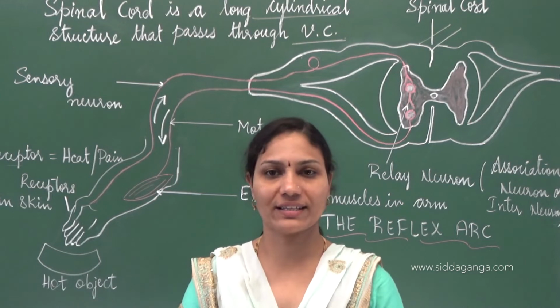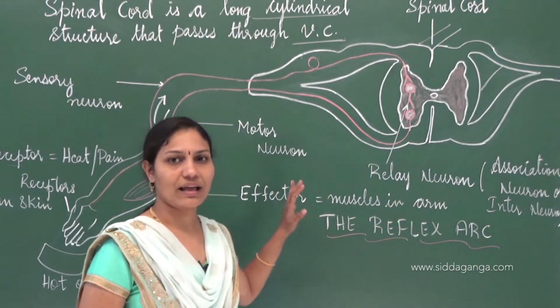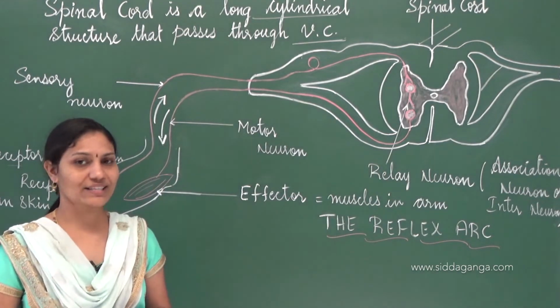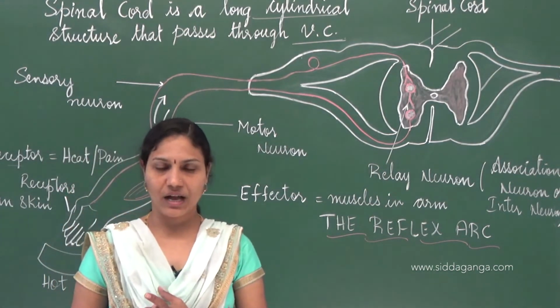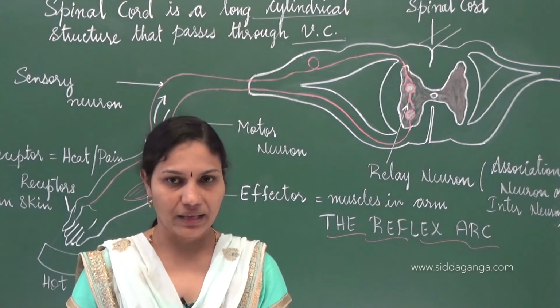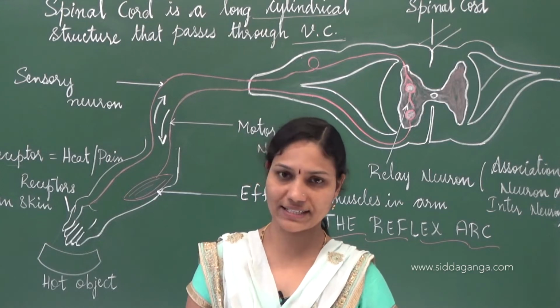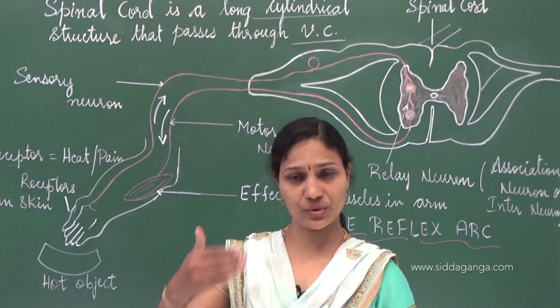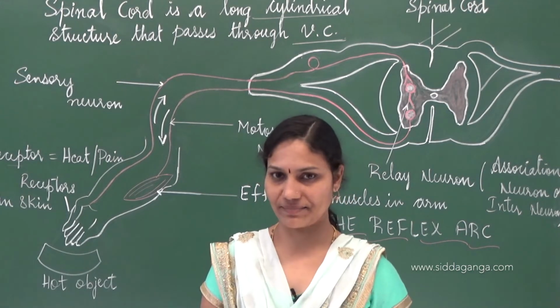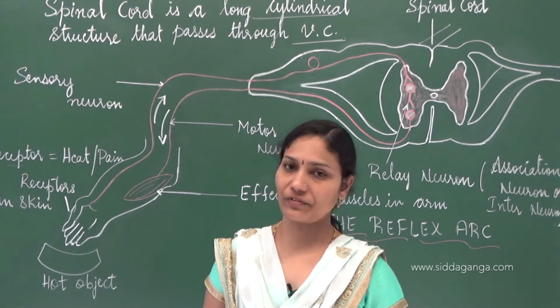So this is what we studied in the last class, and today we have a diagram, and using this diagram let's try to understand how reflex actions are carried out, what is the pathway and what are those components, the 5 major components involved in reflex arc, and what is the function of each of these components. In the last class we also studied the 5 major components of reflex arc.